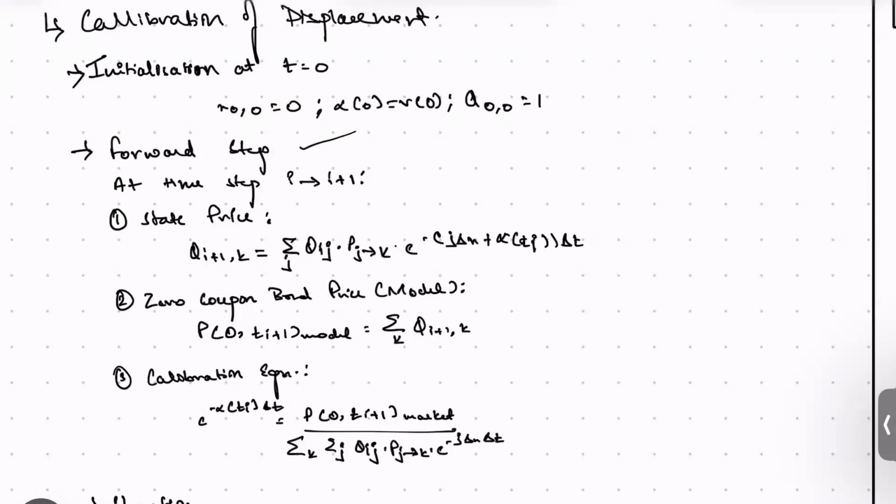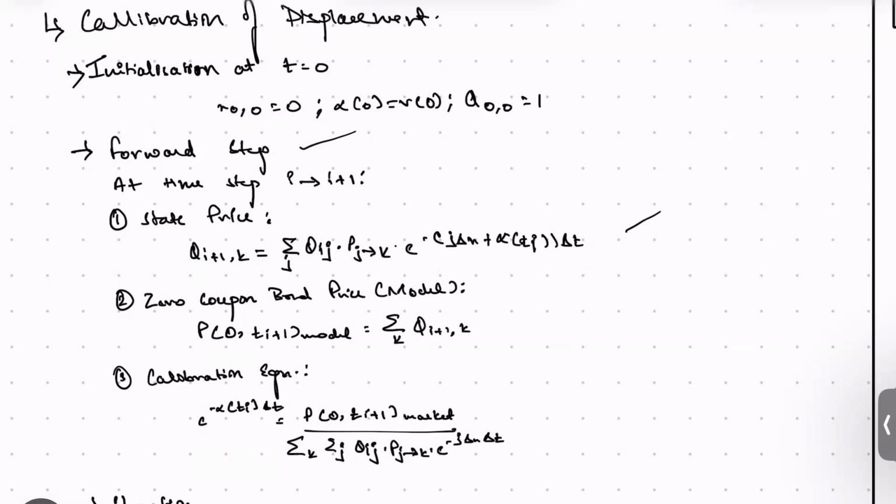So the state price can be written as Q(i+1,k) = sigma of Q(i,j) times p(j to k) times e to the power of minus (j delta x plus alpha(ti)) delta t, where p(j to k) is the transition probability from state j to state k.